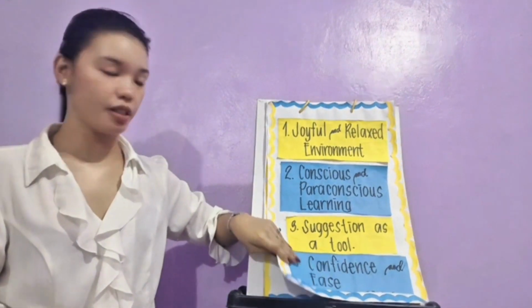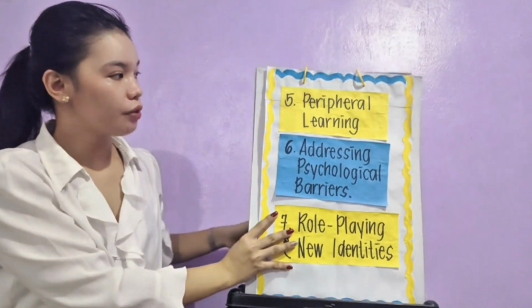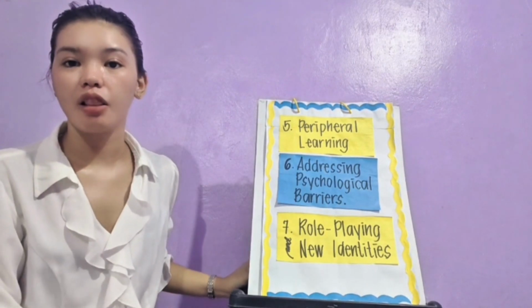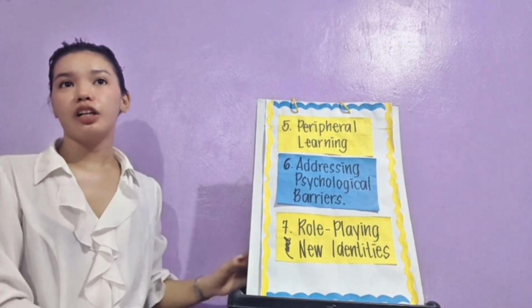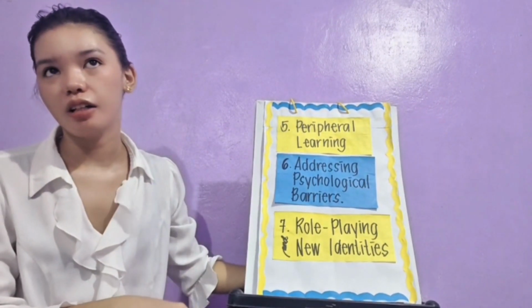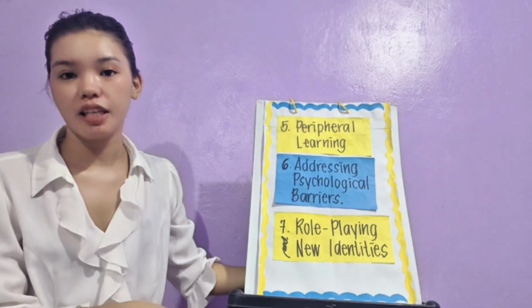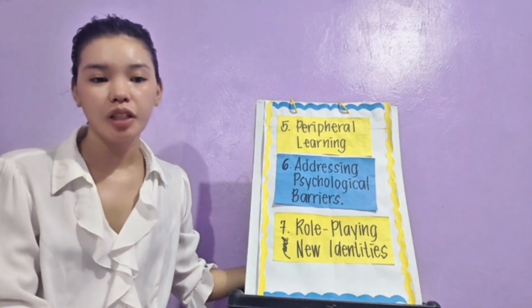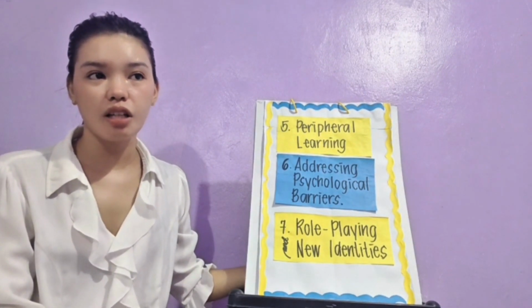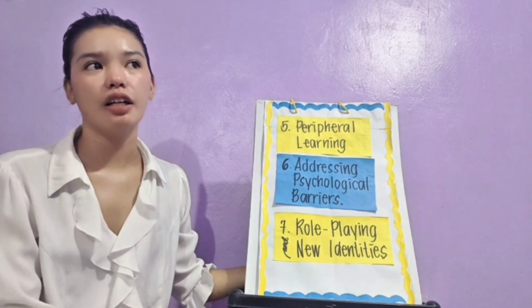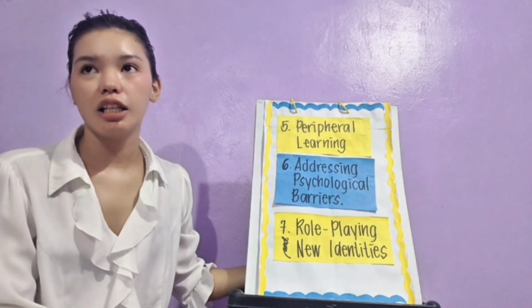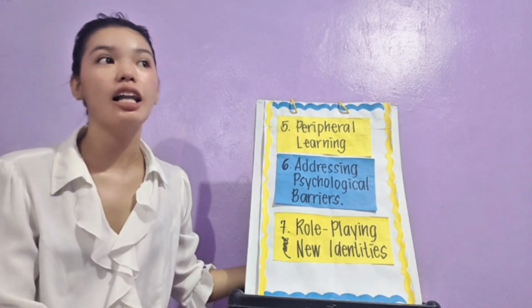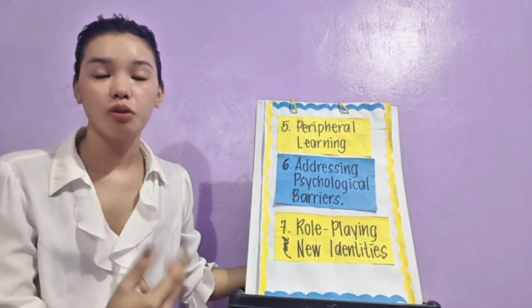Let's go to the fifth principle. So, the fifth principle of the Desuggestopedia is peripheral learning. When we say peripheral learning, it somewhat connects to the second principle, which is the conscious and paraconscious learning. In peripheral learning kasi, there are some factors na nakaka-affect sa learning ng bata na subconsciously natin alam, or yung hindi natin somewhat alam, pero it contributes to our learning.